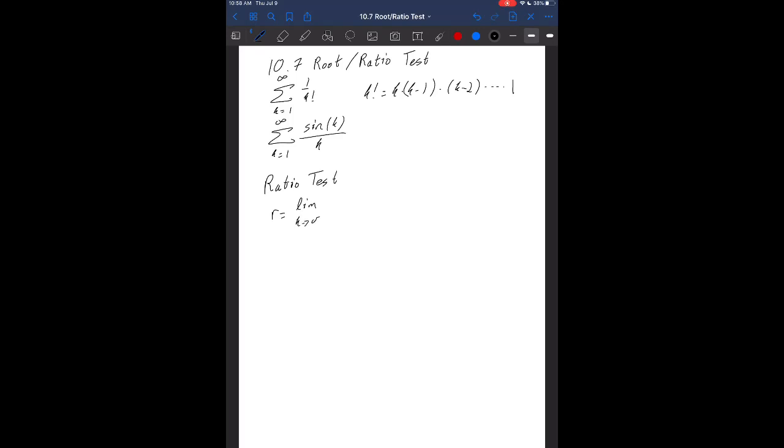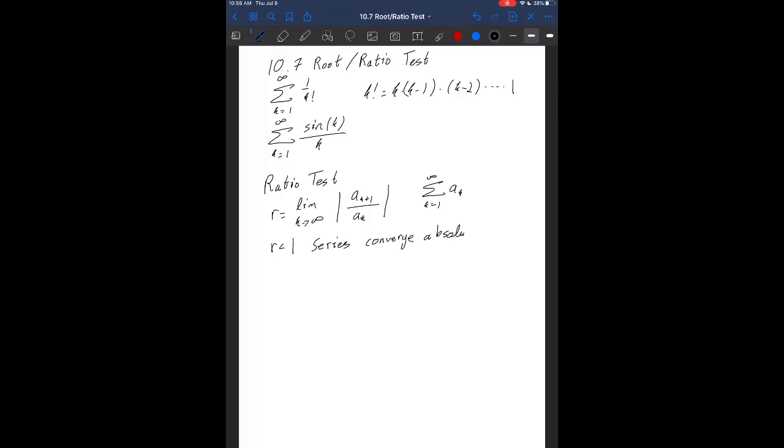Okay, ratio test. We're going to define this r, which is called the radius of convergence, as the limit as k goes to infinity of the ratio of our terms, a_(k+1) over a_k, and then we need an absolute value here. Then we have three different cases. For r less than 1, the series is going to converge. The series I'm talking about in this case is the standard one, the sum from k equals 1 to infinity of a_k.